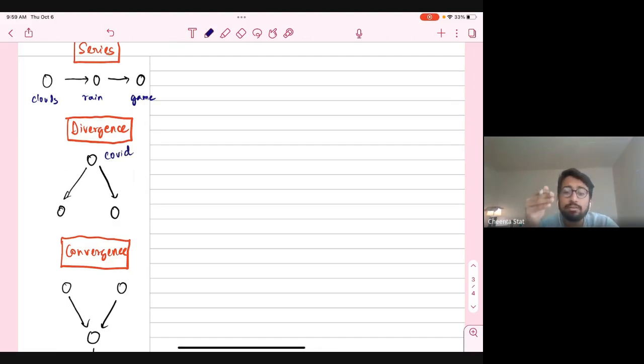Now COVID can have two different symptoms, right? Or two different outcomes. One is, let's say, dry cough. The other is fever. Or let's say heart attack. Let's say comorbidity.